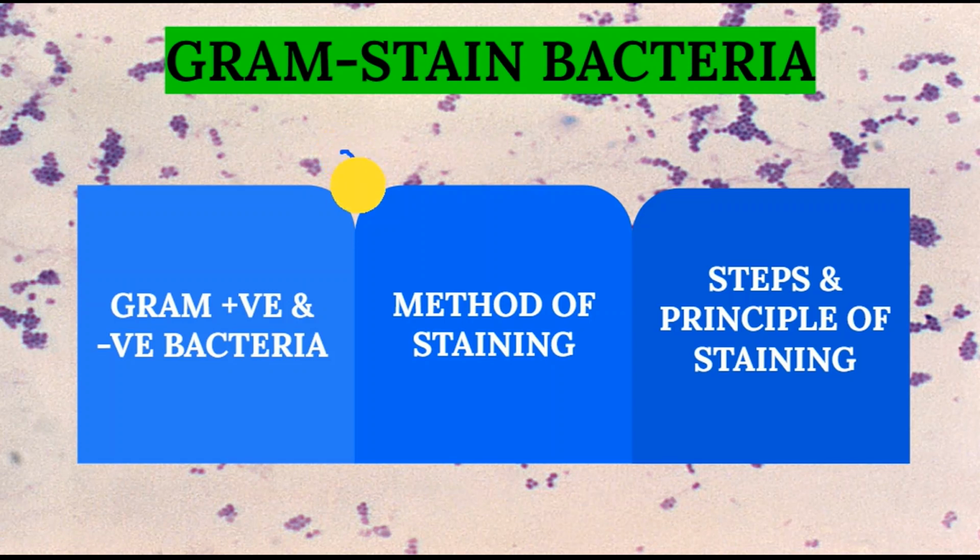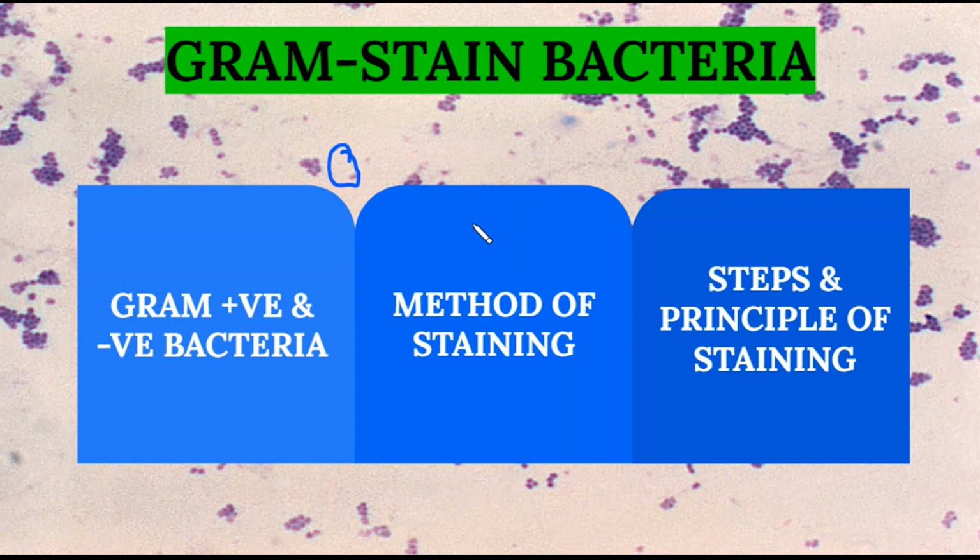We will take a bacterial culture and we will stain it with crystal violet. Okay, then we will add gram's iodine to this. Gram's iodine is a trapping agent to trap the stain which we are providing, to trap the crystal violet stain.